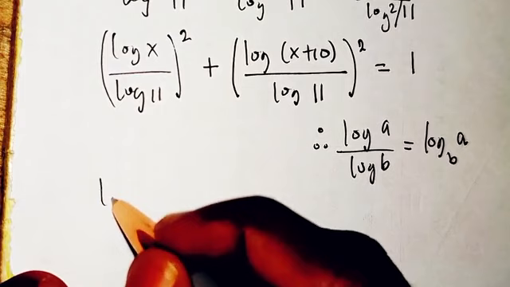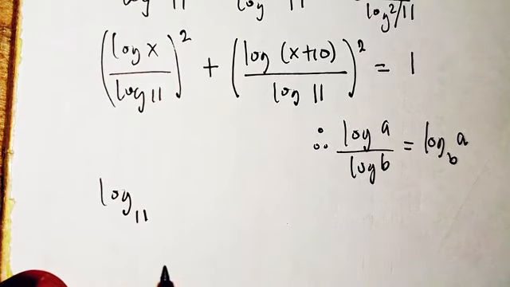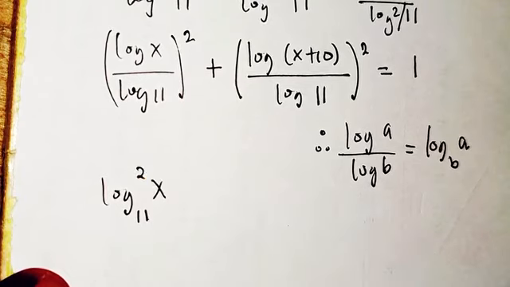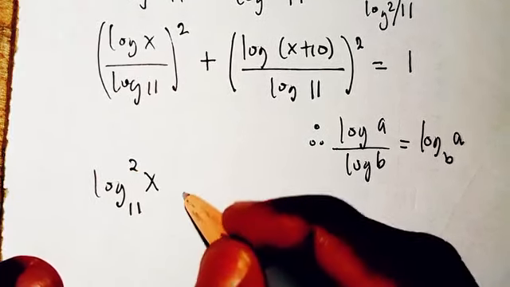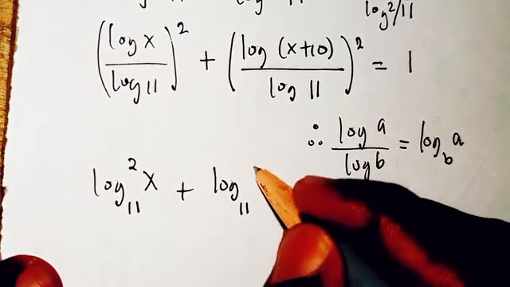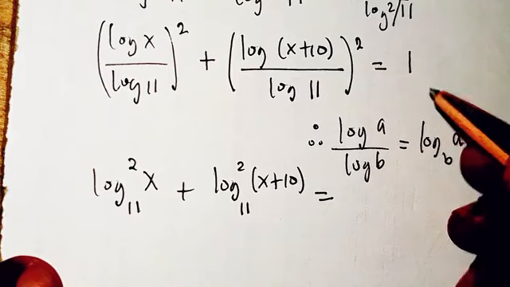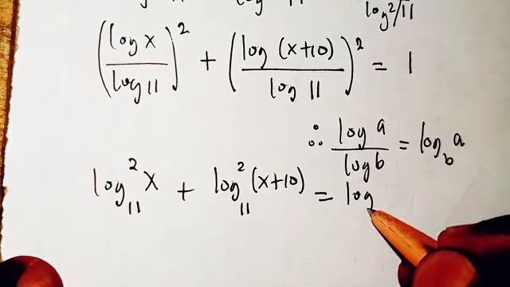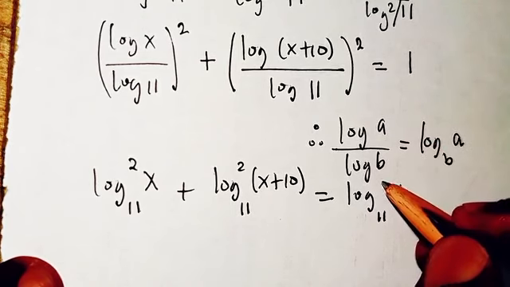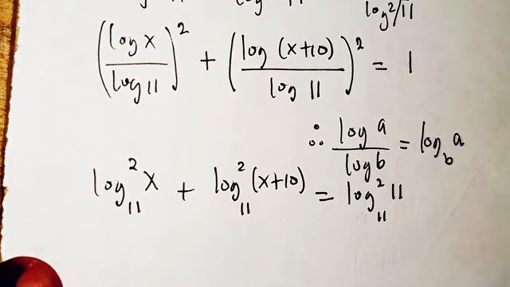So therefore I'm going to have log base 11 of x, all to the power of 2, plus log base 11 of (x plus 10), to the power of 2, equals this one. Now I'm going to write this one as log base 11 of 11 to the power of 2, which still gives us 1.